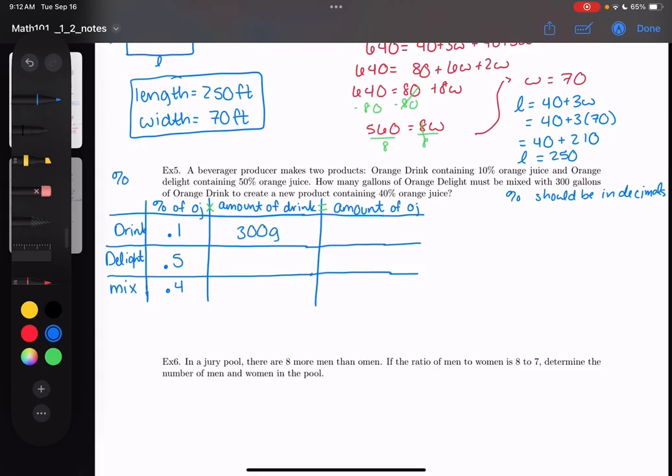I don't know how much orange delight, so let's call that X. If I put these together, this is going to be 300 plus X. Then for the amount of orange juice, I multiply across: 0.1 times 300, 0.5 times X, and 0.4 times 300 plus X.